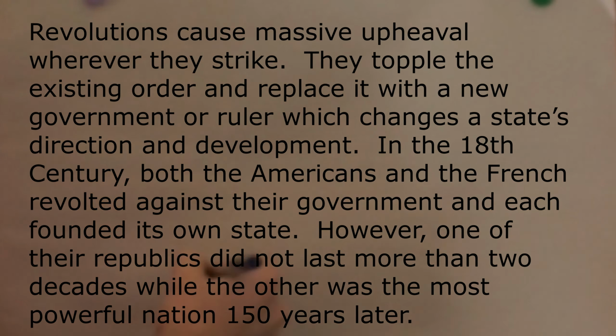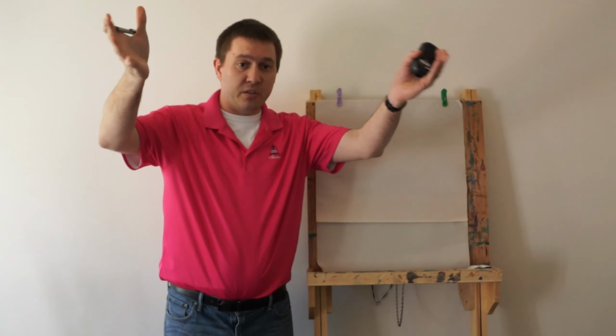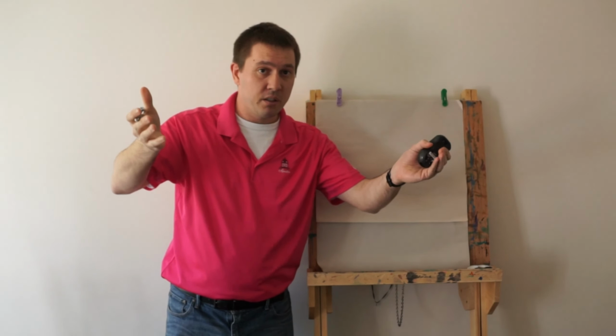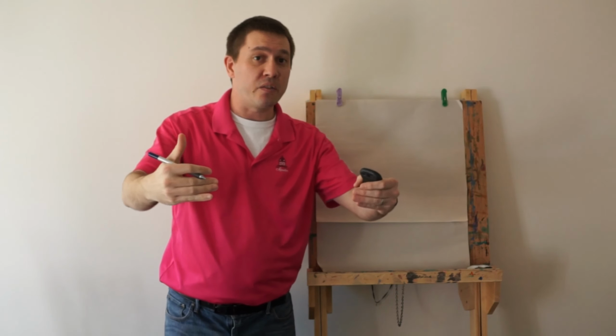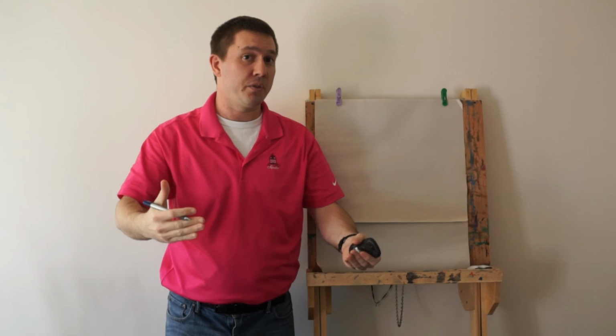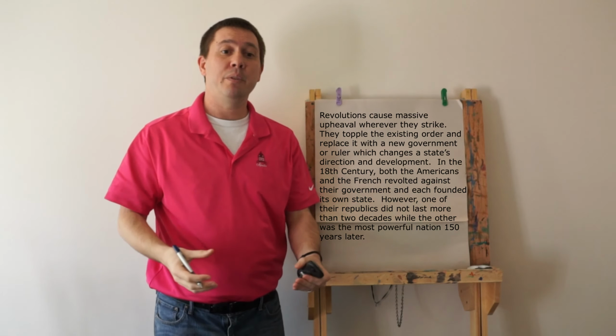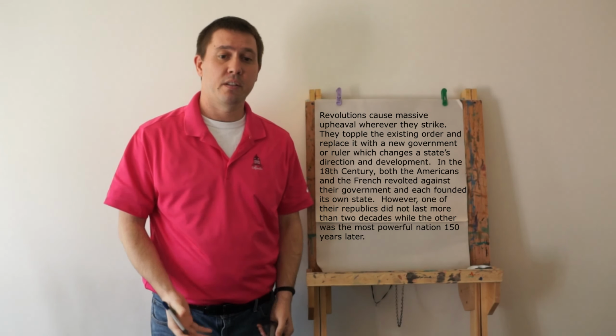However, one of their republics did not last more than 2 decades, while the other was the most powerful nation 150 years later. Okay? So there we took the idea of revolutions, we talked about why they're a big deal, we then implied that this is going to happen with the French and the American revolutions, and then set down to why are we studying particularly the French and the Americans. There we go.